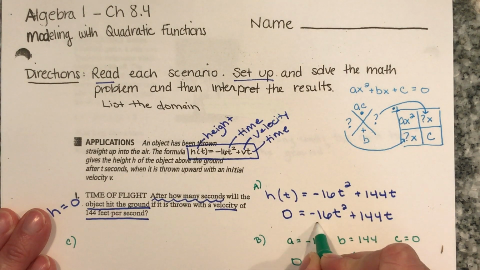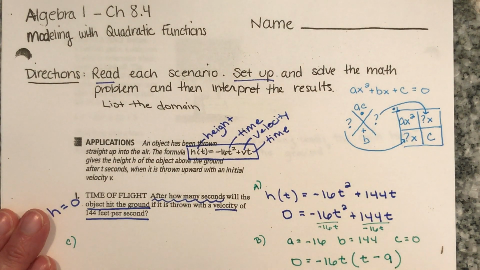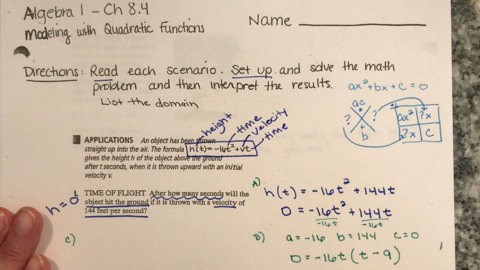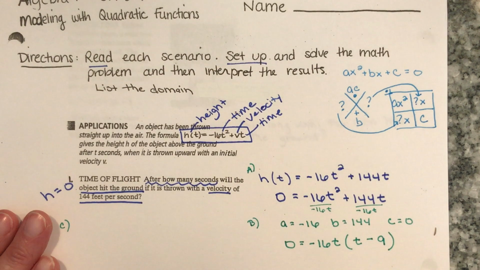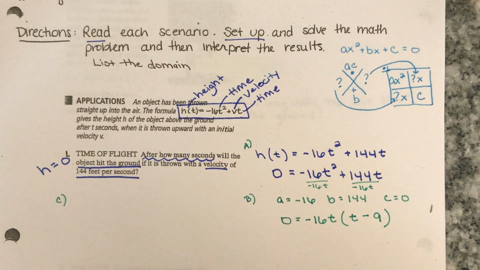And 144t divided by -16t is -9. And by pulling out the greatest common factor in this problem, I no longer have a quadratic, so this is considered factored form. I don't have to go through the factor box.